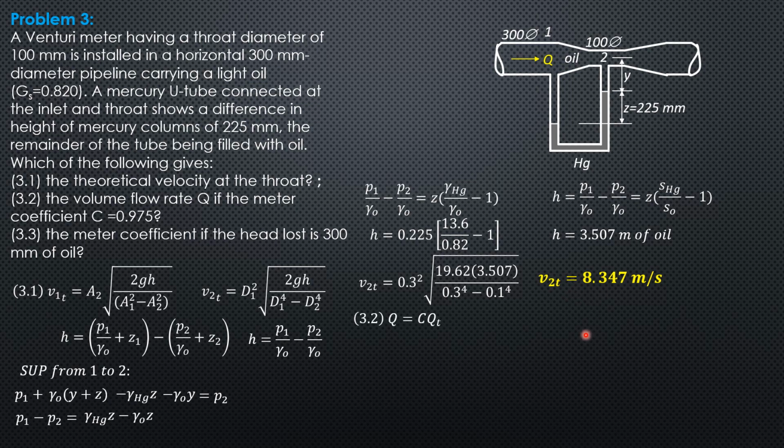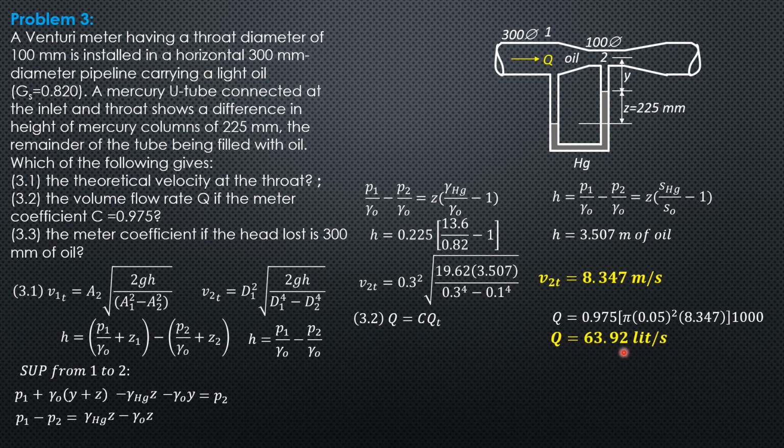So Q equals C times Q theoretical, and Q theoretical is area 2, pi times 0.05 squared, because 100 mm diameter is 50 mm or 0.05 meter in radius, squared, then times the theoretical velocity at the throat, times 1000 to convert it to liters. So Q is 63.92 liters per second.